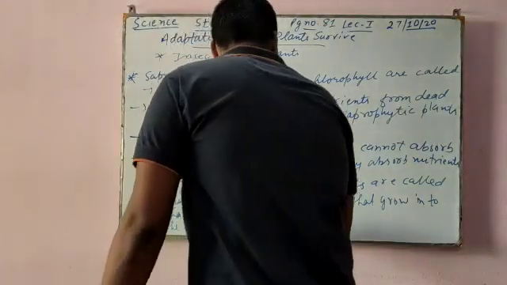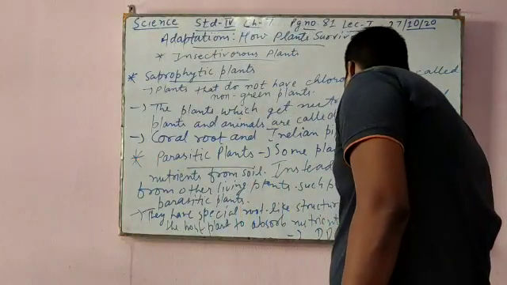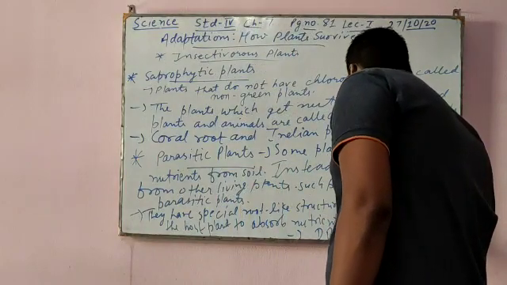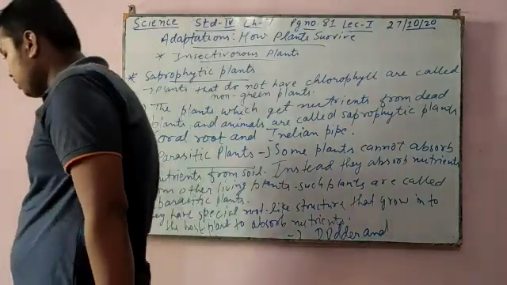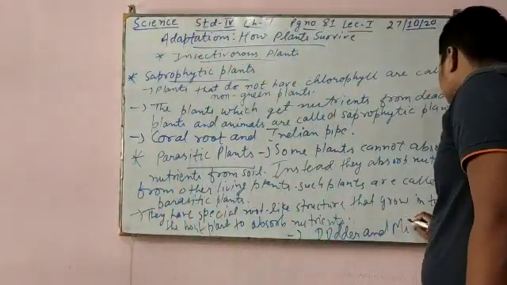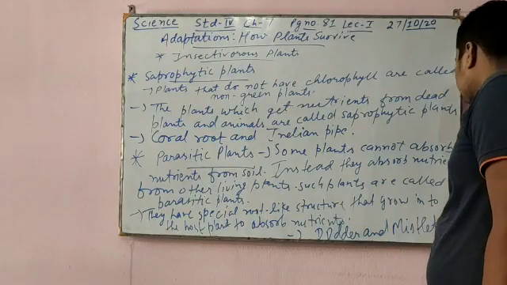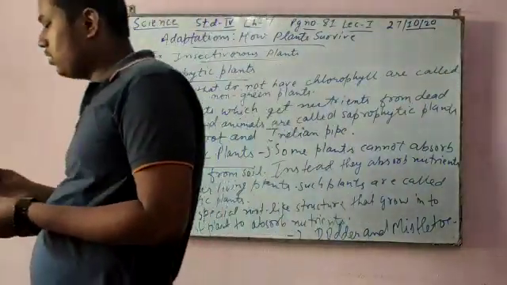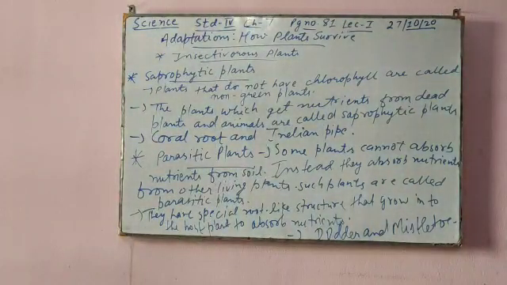Examples are dodder and mistletoe. These are the examples of parasitic plants.